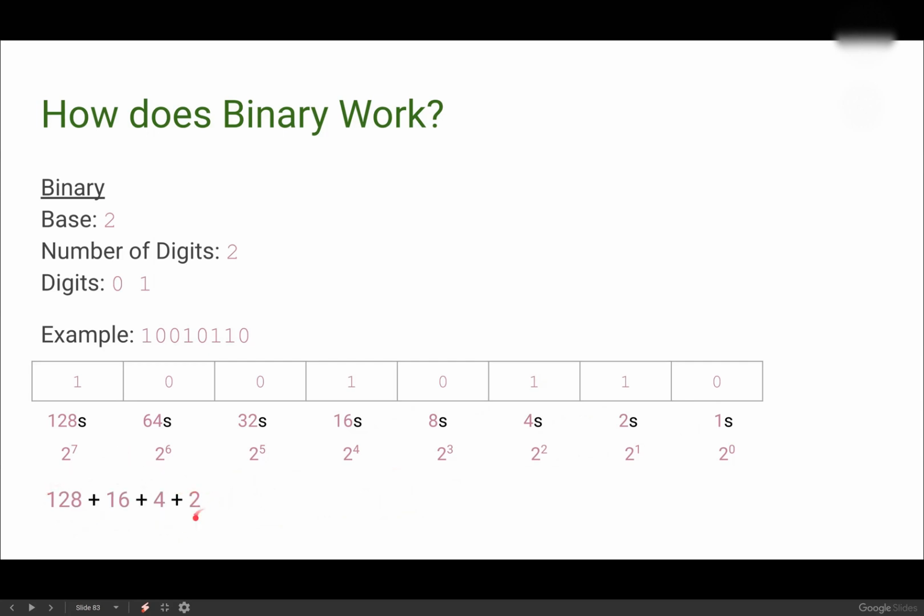So when we add all of those together, we get 150 in base 10. So our base 2 number, 10010110, equals 150 in base 10. Does that conversion make sense?